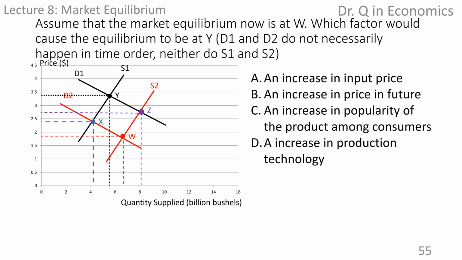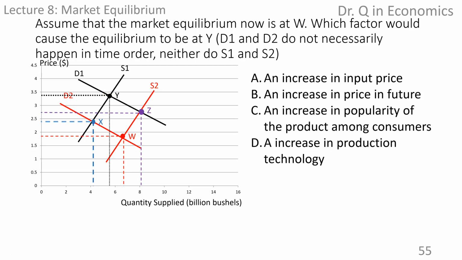Last one, pause and come back. Alright, this one also tests the determinants and it's a complex situation. We are originally at W, crossing of D2 and S2. If the new equilibrium is Y, then it's the crossing of D1 and S1.